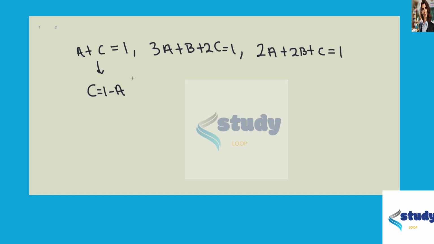So plugging this C value into this equation up here, we have 3A plus B. Now 2C becomes 2 minus 2A. And then we could simplify that to become A plus B equals minus 1.